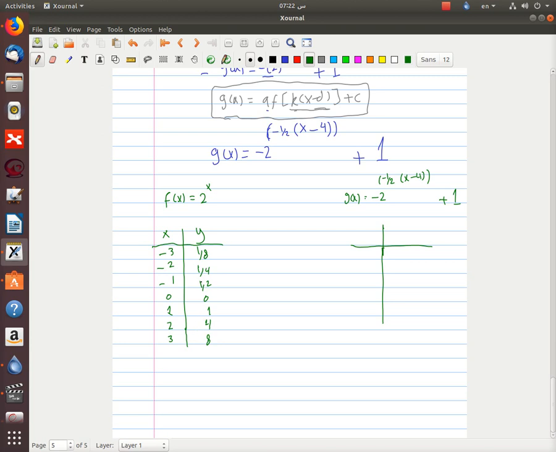Now in here I'm going to change the color because it's very important. In here I have x, and here I have y, same thing, but I'm going to take every x, plug it into this transformed function, and then calculate x.